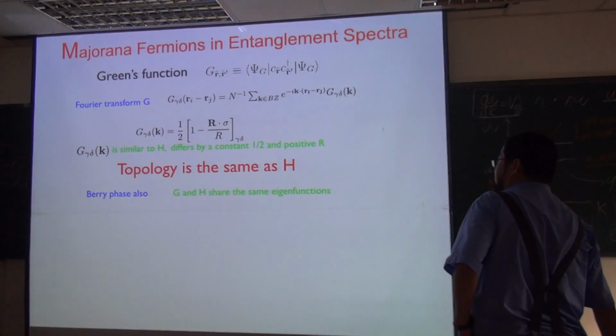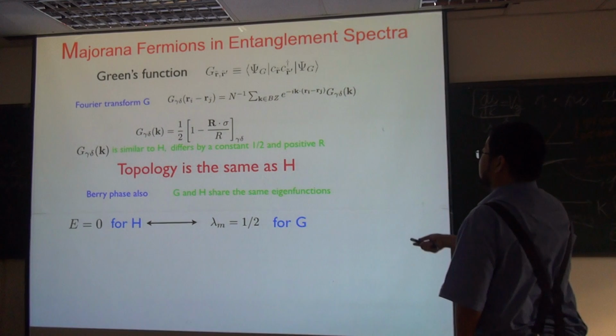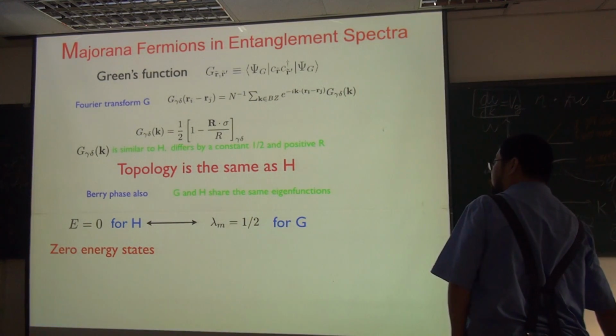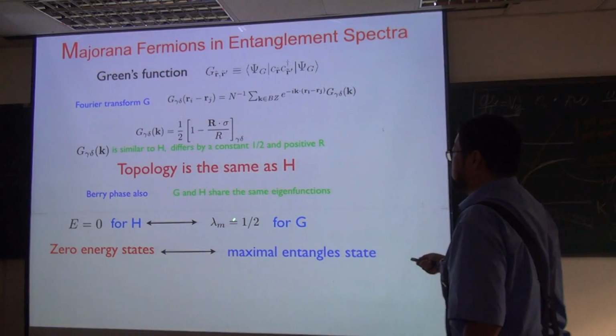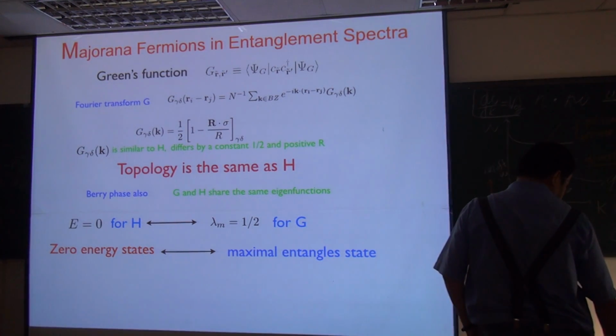I mean, the Berry phase is the same. So G and H share the same eigenfunction. And if E equals 0 for H, then lambda m equals 1/2. So you have a zero-energy state, then you have a maximally entangled state, because if lambda m is 1/2, you get a maximally entangled Bell state for this mode.